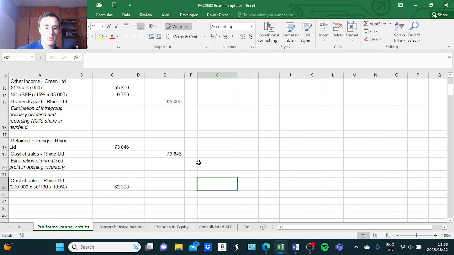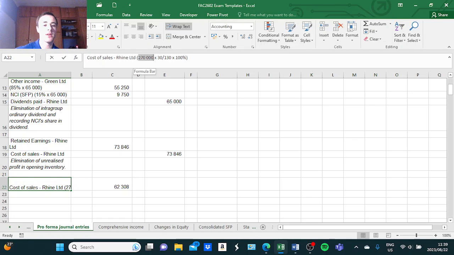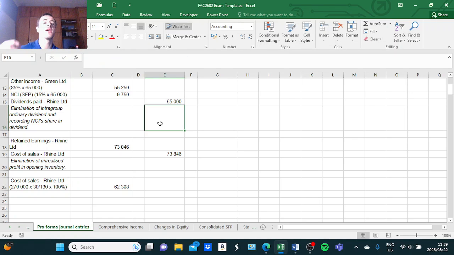Since we are increasing cost of sales, this will decrease the profit made for the current year, as I've already explained. But also bear in mind that this unrealized profit of 62,308 is included in the inventory balance for Green Limited. So we need to decrease the inventory balance for Green Limited.